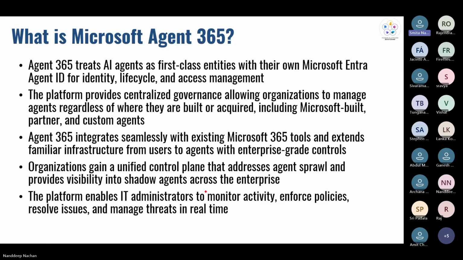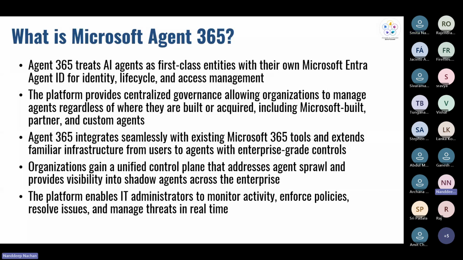Without monitoring, that becomes risky, so Agent 365 ensures enterprise-level safety. So why does this matter? As organizations move from AI experiments to an AI workforce, governance becomes critical. It shifts AI from being an isolated tool to being a part of the enterprise identity and governance fabric.